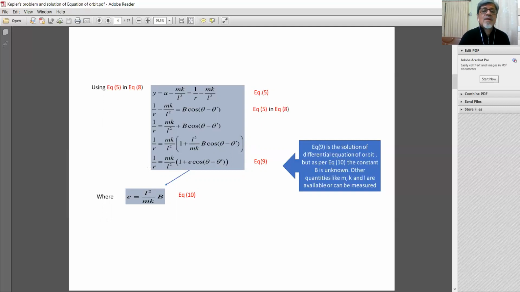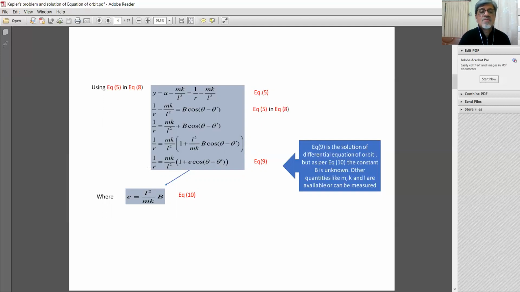Then take mk by L square to the right hand side. So 1 upon r equal to mk divided by L square plus b cos(theta minus theta prime). Then let us take mk divided by L square common out of the bracket. So 1 upon r equal to mk divided by L square, and if you take it common, then we have to multiply the second term by the inverse.